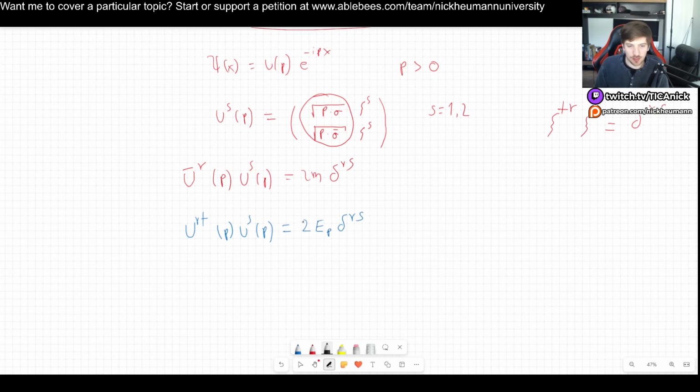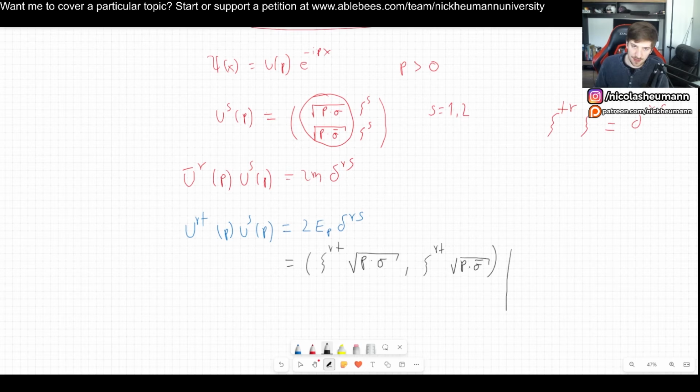So let me just give you a quick pointer as to where this comes from. So in this case, UR dagger, right? We know what this thing is. So this would be, so chi R dagger square root of P dot sigma, comma, chi R dagger square root of p dot sigma bar.